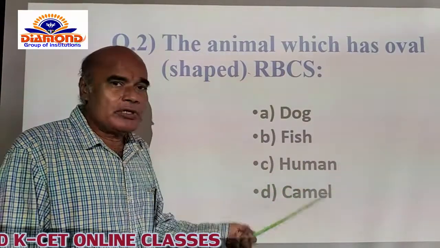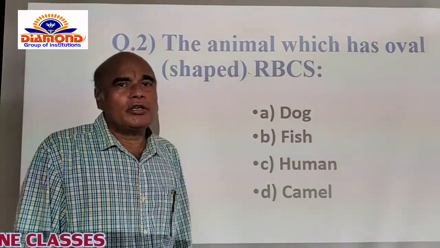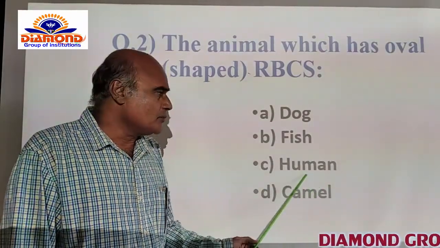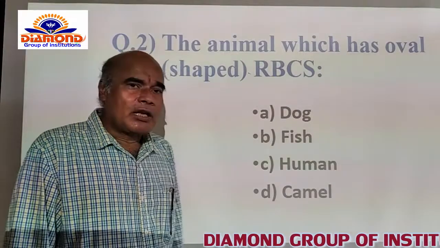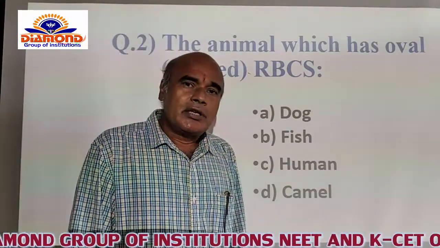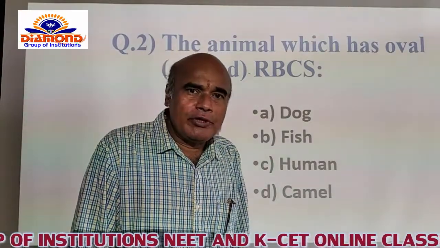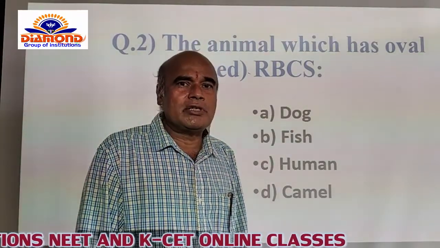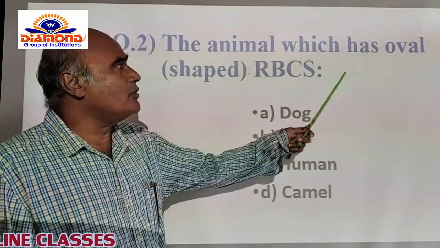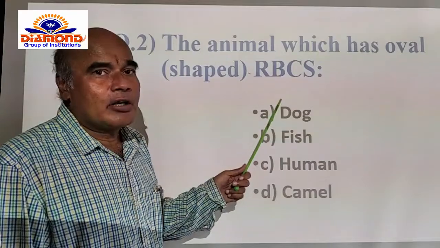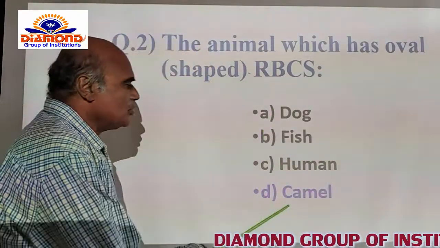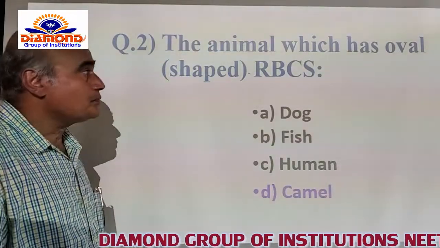C, human beings also contain biconcave RBC, enucleated. Whereas D, camel, popularly named the desert ship, has to withstand the uneven conditions of its environment. For that, the camel is the best example, having oval shaped RBC. That's why you opt for option D for this question.